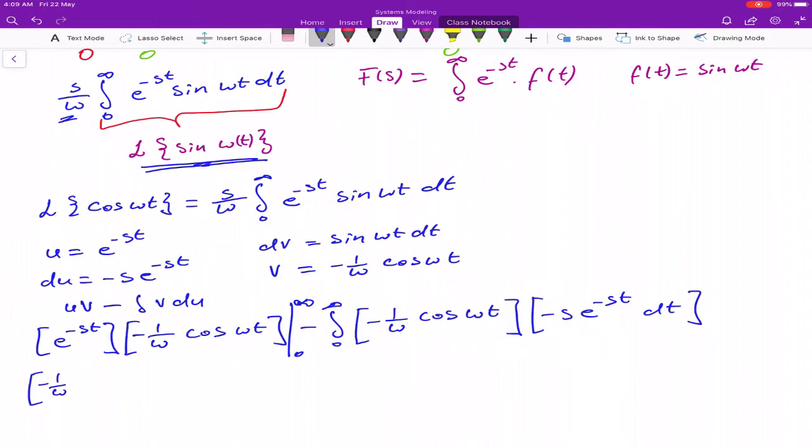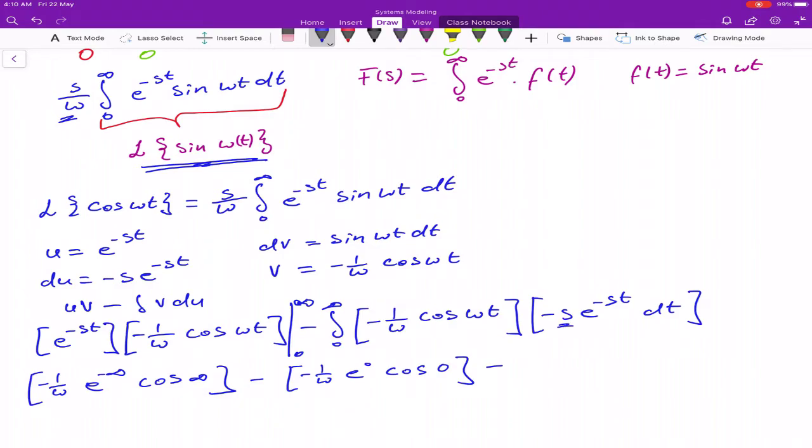I'm just pulling it out because we multiply this with 1 over omega e to the minus infinity times cosine infinity, minus our lower part, minus 1 over omega e to the 0 cosine 0, minus.